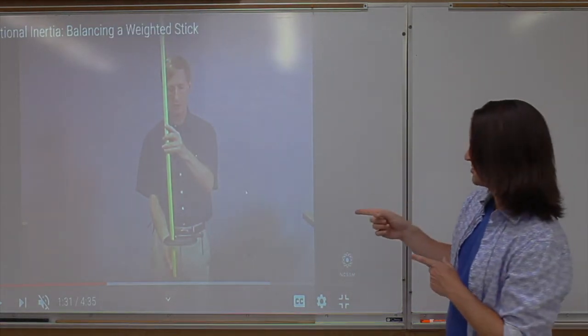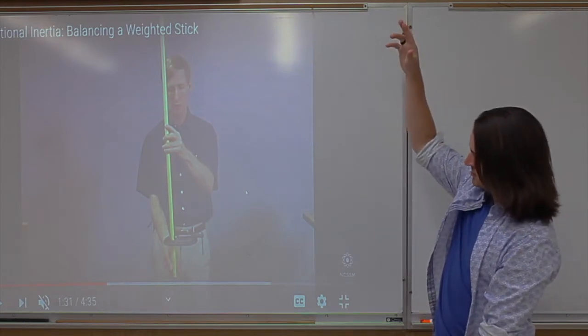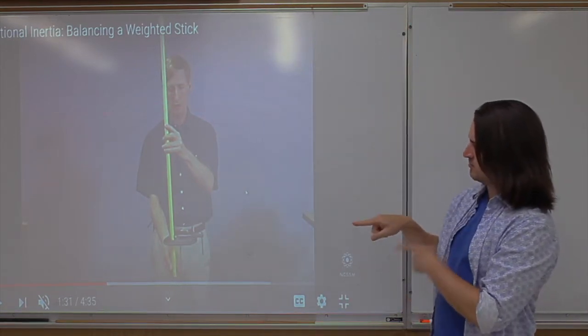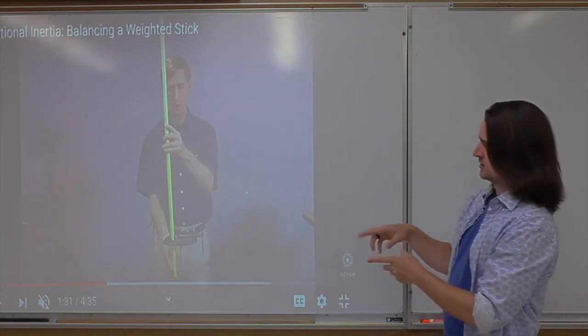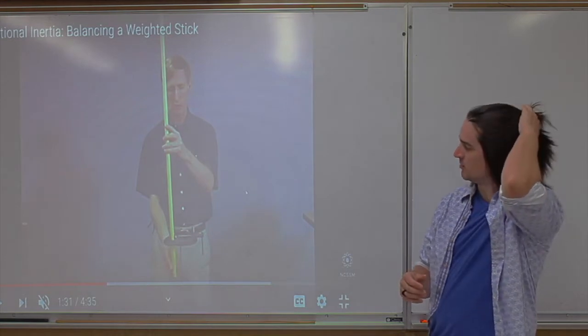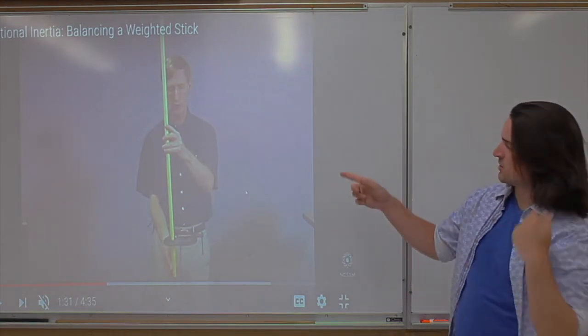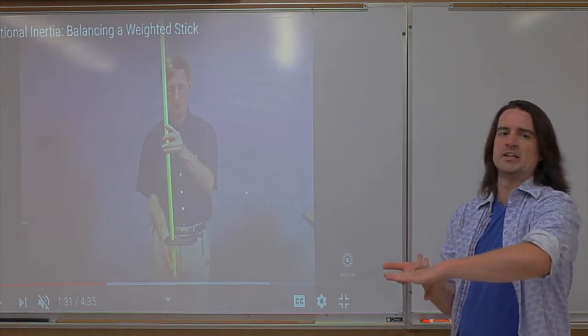So this isn't exactly the same, but essentially this guy has a long stick and uses a metal clamp, a metal vise, to essentially act as the head of the hammer. Right? So this situation is essentially taking the hammer with the hammerhead part down and trying to balance that.